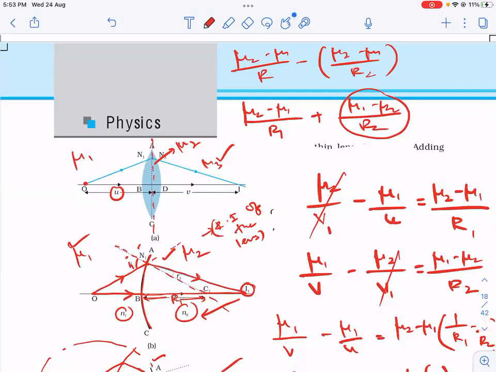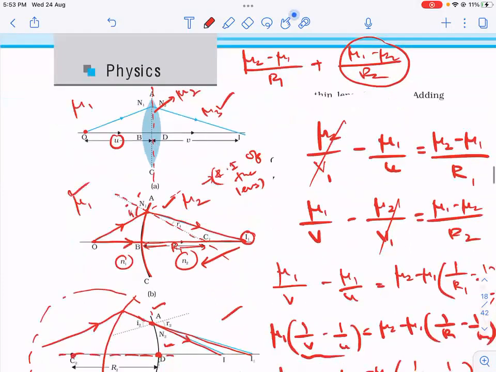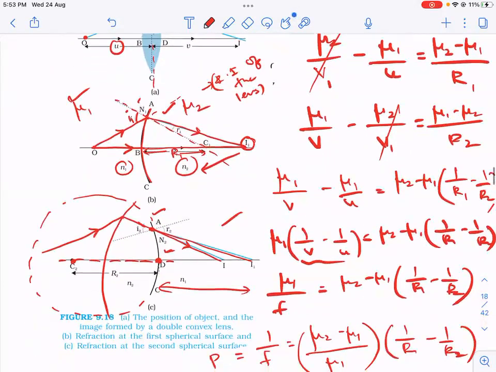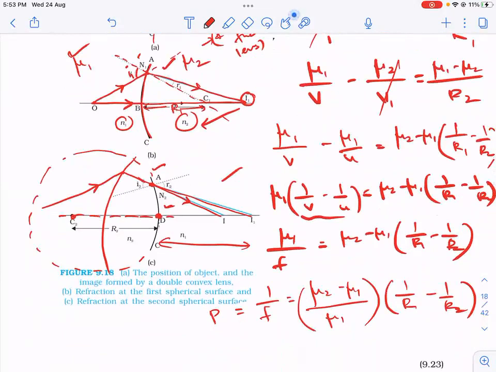So what is common in the numerator? mu2 minus mu1 is common, into 1 by r1 minus 1 by r2. This is a very, very important expression. If there is any doubt, please get it clarified. Very, very important. Is there any doubt?